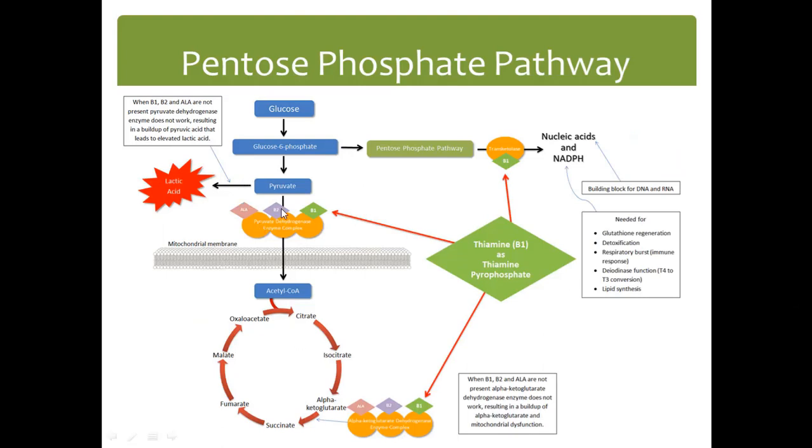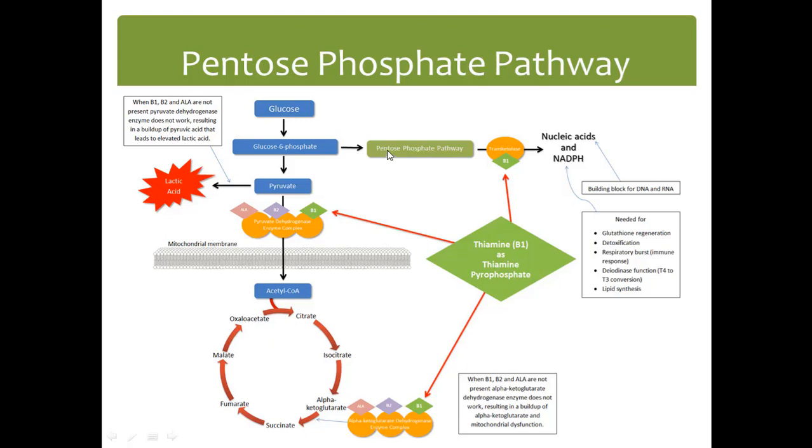So that's the pyruvate dehydrogenase and alpha-ketoglutarate dehydrogenase complex. Here we see with the 3 orange circles, alpha-lipoic acid, riboflavin, and thiamine being the cofactors here. Acetyl-CoA, being the beginning point, as it were, for the citric acid cycle.